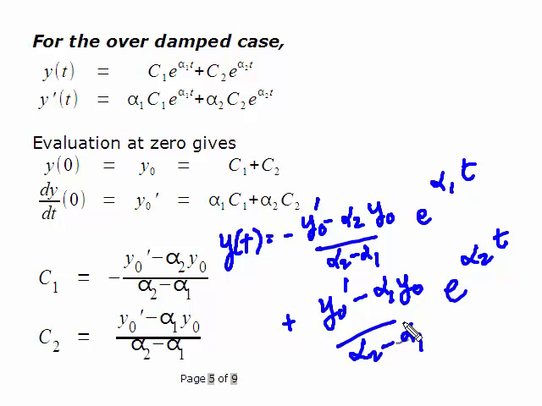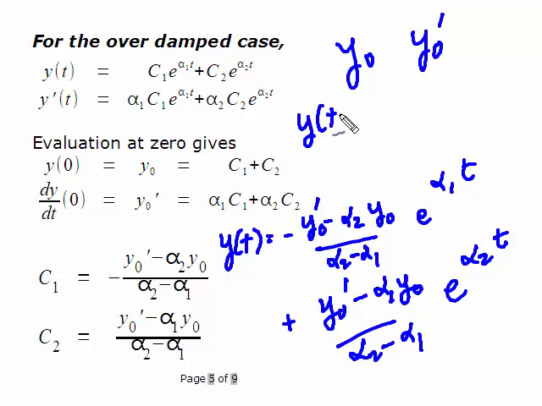So this is the goal. You don't have constants sitting around. You know how you want to evaluate them: in terms of the initial conditions, the value of the function at time 0 and the first derivative at time 0. And if you want to start at a different time other than 0, you can still do that.